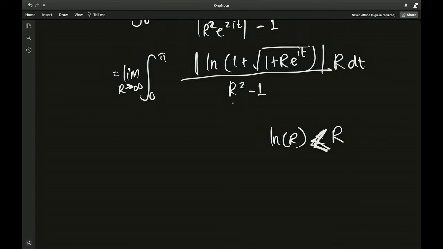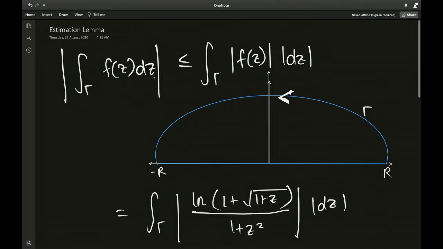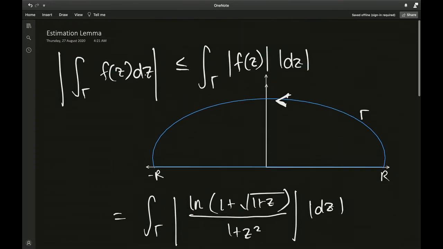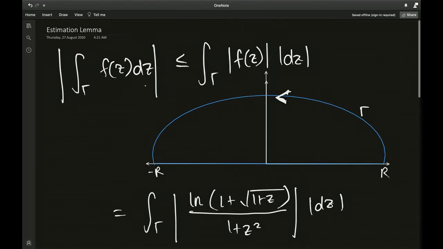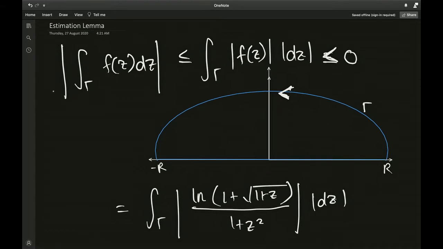And if the denominator grows faster than the numerator, in the limit that r goes to infinity, all of this will just go down to 0, which means the mod of the integral over gamma of f of z is less than or equal to 0. And the property of a mod is that it's always positive, so it's greater than or equal to 0.